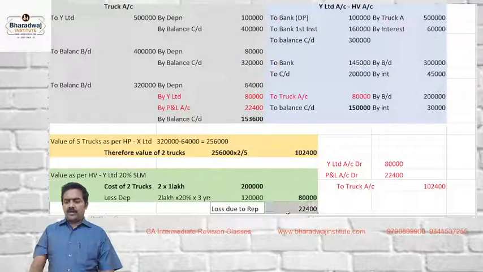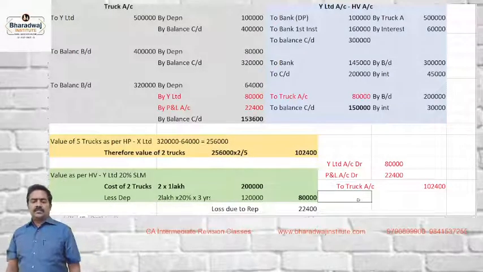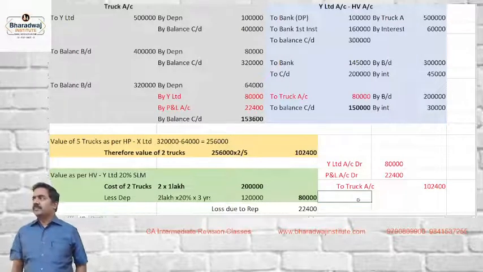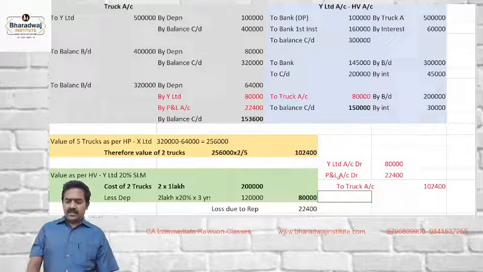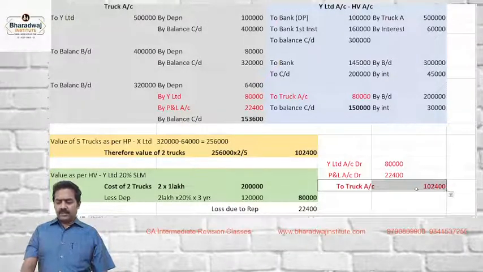So loss due to repossession is 22,400. This is in the books of which party? Hire purchaser. Debit the receiver, debit the loss to P&L account. To which account? Truck account.